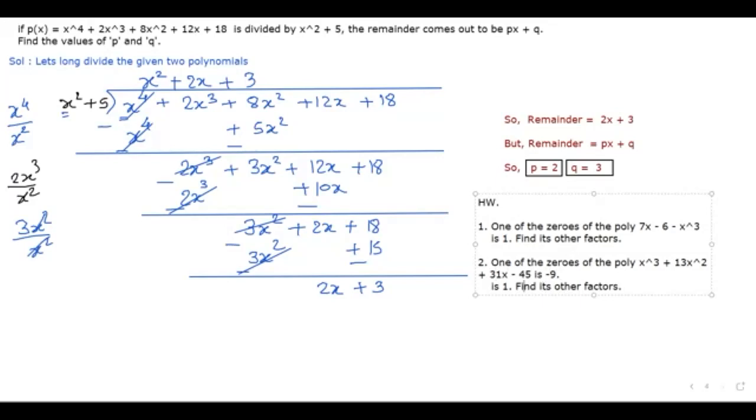So who is the factor? x plus 9. And if x plus 9 is a factor, what will you do?